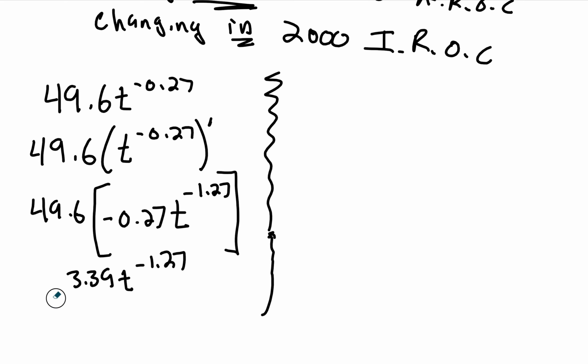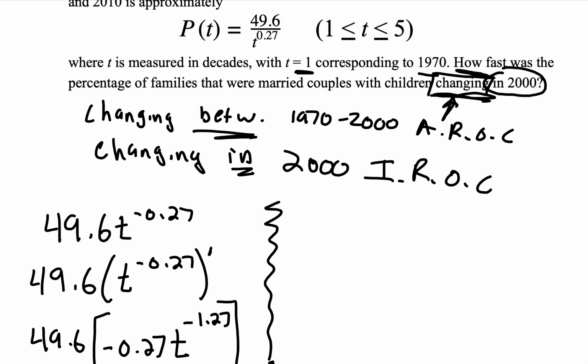Then the final step is, and I'll show you this in a second, but let me show you the other way to do the derivative. So here I'm not going to color code as much. If you want the color coded version, I just did that in the last problem. So I've got low. Now here it stays positive 0.27, because I'm not moving it up with the 49.6. I'm actually leaving it in the bottom.